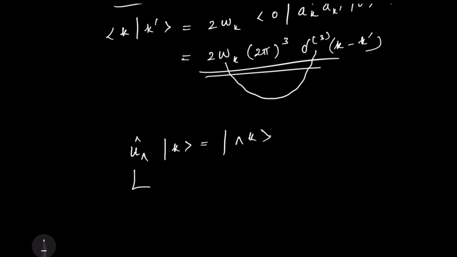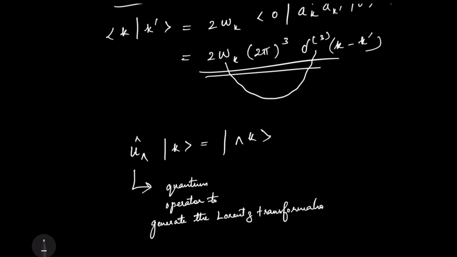So here U lambda is the quantum operator to generate the Lorentz transformation, and lambda k is the Lorentz transformation acting on k.